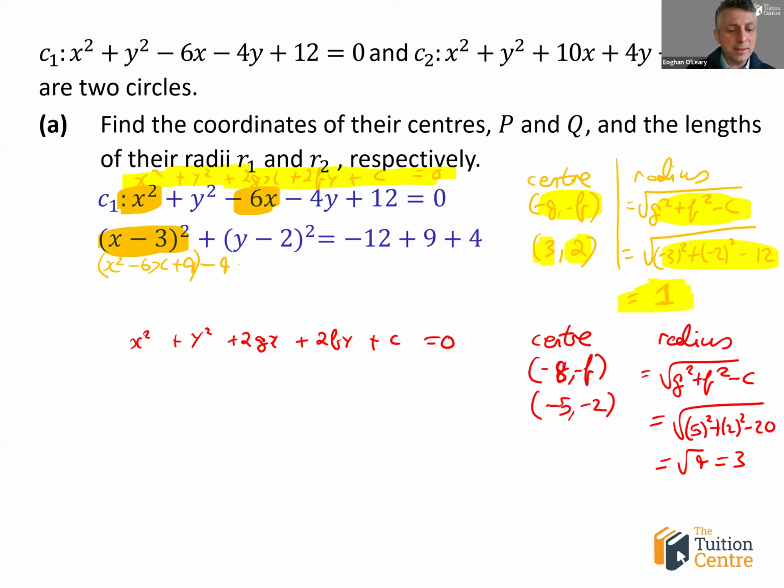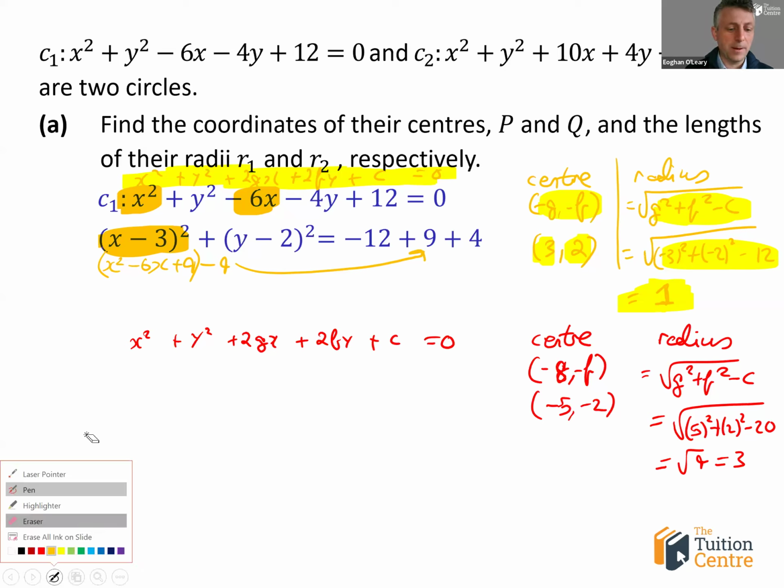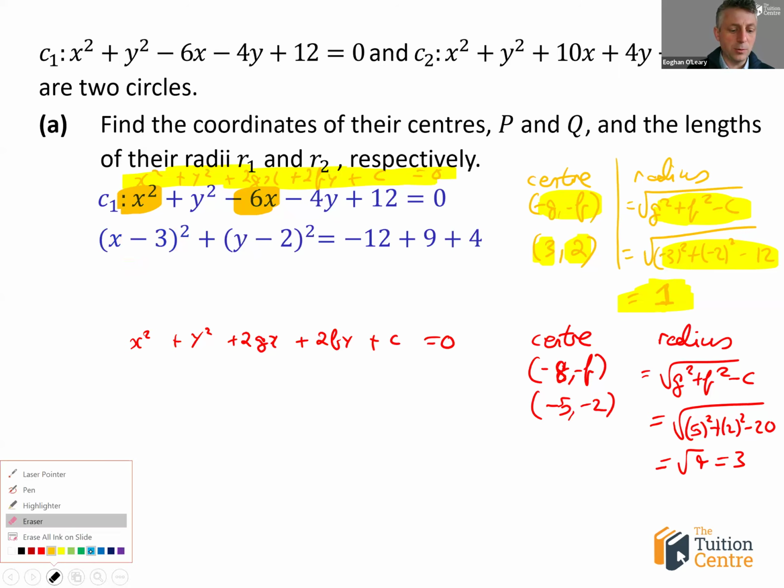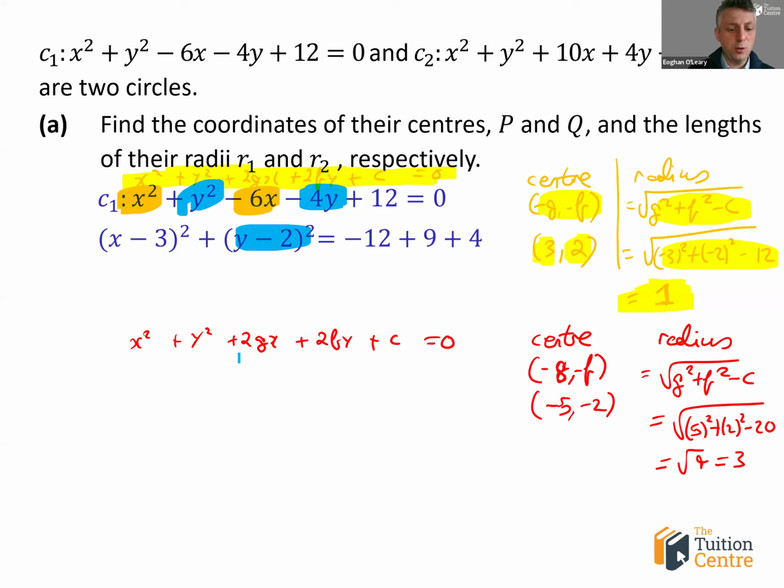But that minus 9, if you add it to both sides, or you bring it across the equal sign, would become a plus 9 over there. So that's where that plus 9 comes from. Equally, if we did it for the y's, and we look at y minus 2 squared, what's that all about? If we have a y squared and a minus 4y, and we complete the square there, we get y minus 2 squared.